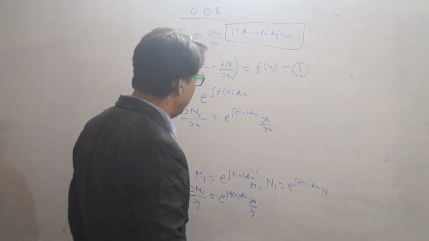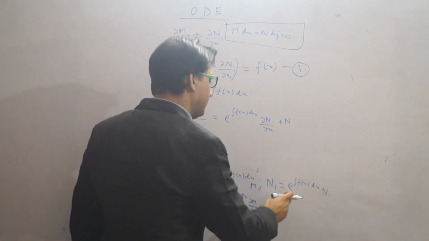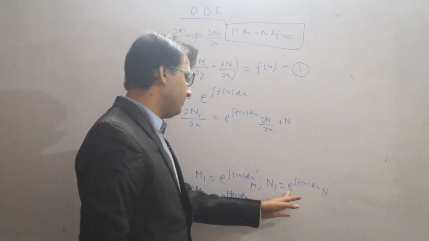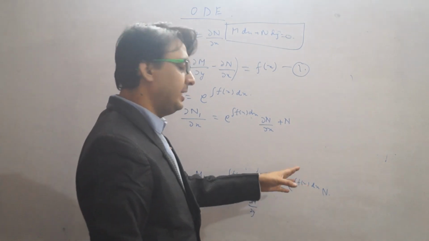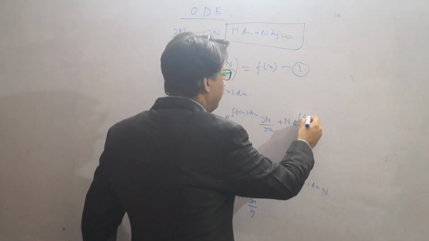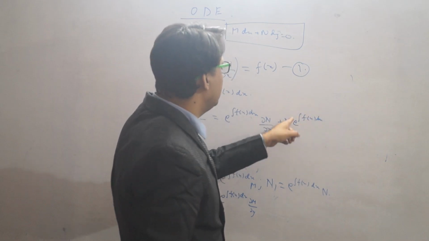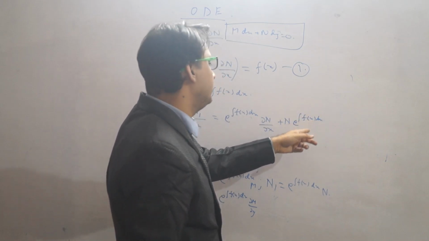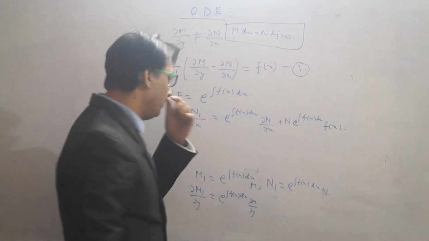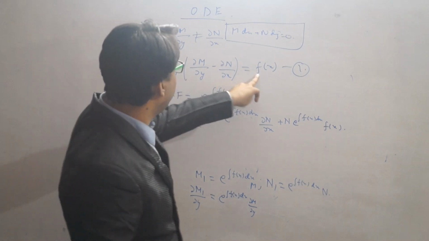Alright. Now I keep N as constant and I take the derivative of this one, e to the power integral of f(x) dx. So we know that the integration of e to the power of something is, first, integrate that only. So we will write this as e to the power integral f(x) dx. Now again we have to differentiate this argument. So what is the differentiation of integration? That cancels out, so we are only left with this function f(x). Okay. Now I am going to plug in the value of N f(x) here.